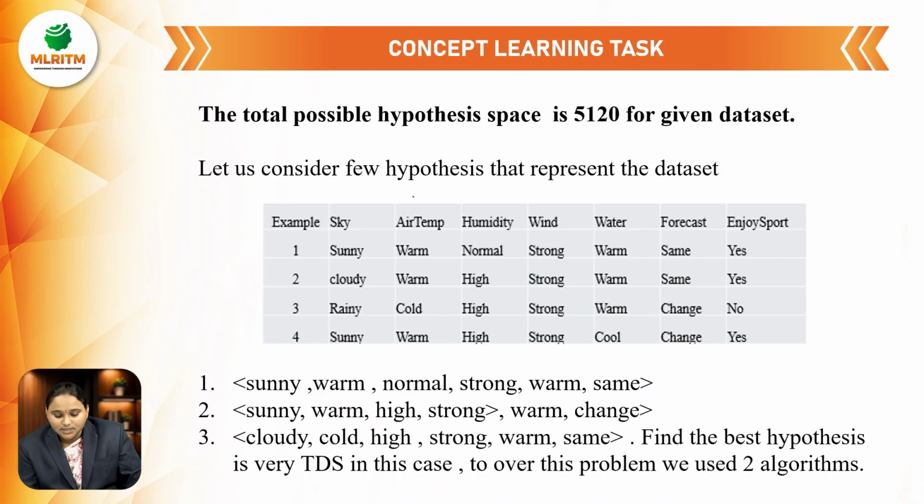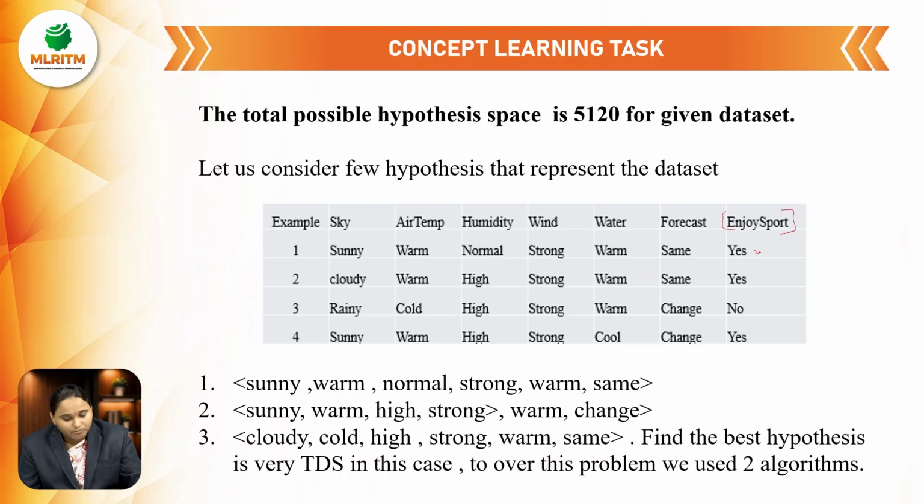Next, let us consider a few hypotheses present in the dataset. Sky contains sunny, sunny, rainy, sunny, and air temp contains warm, warm, cold, warm. This is the dataset. For this dataset, we need to write down the representation. First, enjoy sport is the decision attribute.